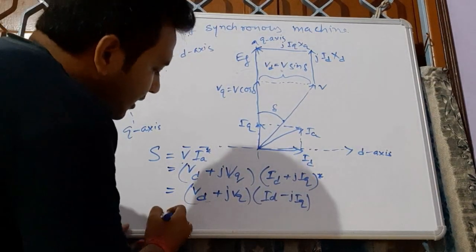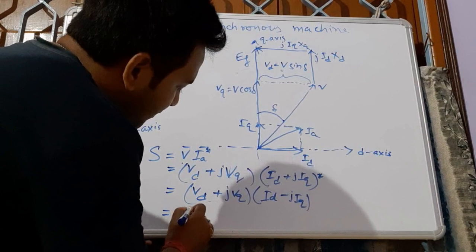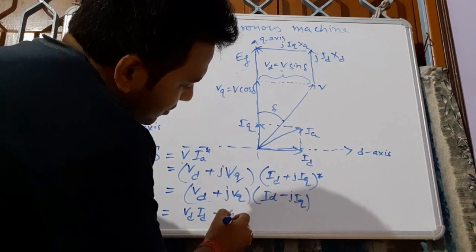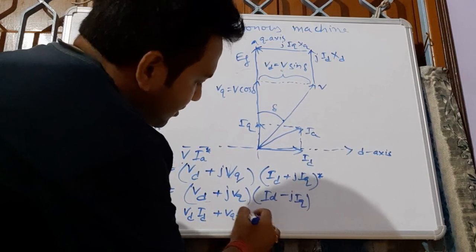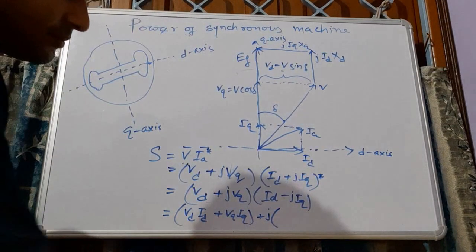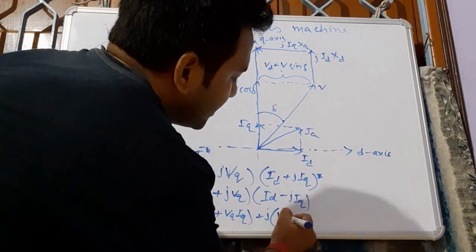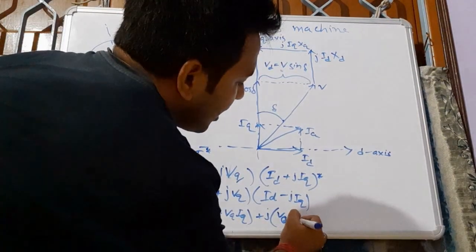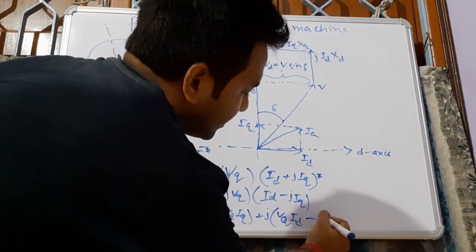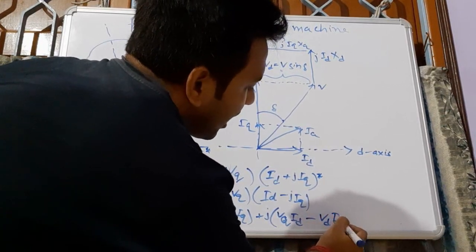Now simplifying this, we get VD ID plus VQ IQ plus j(VQ ID minus VD IQ).